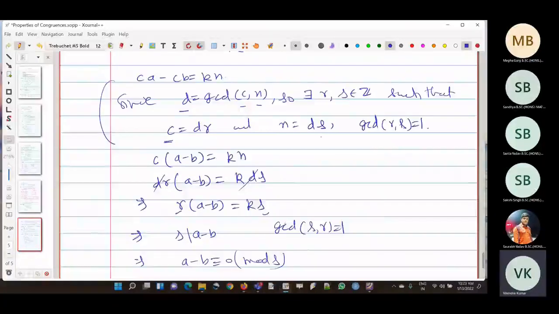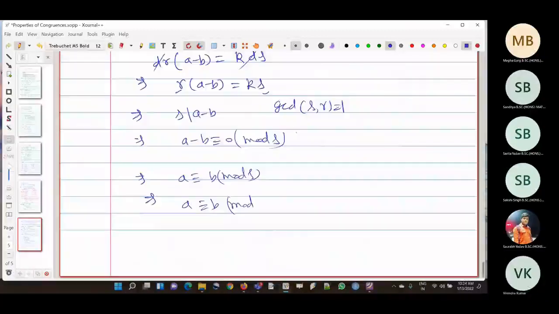S from here we can compute. S is nothing but n by d.